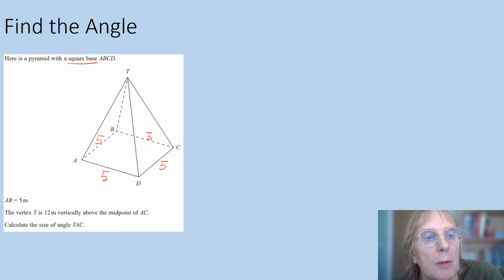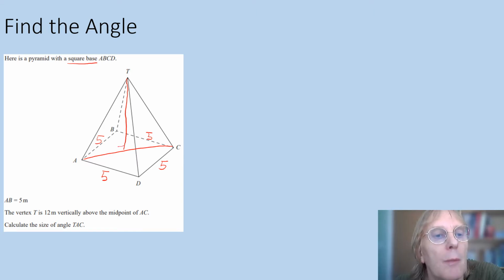So I'm going to draw the line AC if I can, and I'm going to draw a line down from T. And that will meet at a right angle. And what we have is that is 12 meters high.